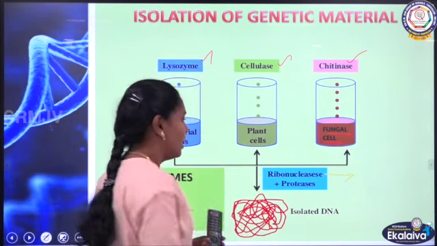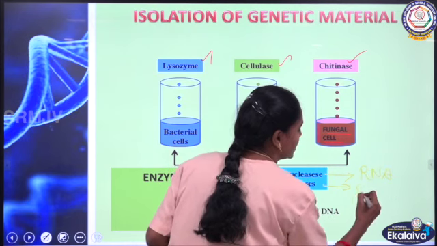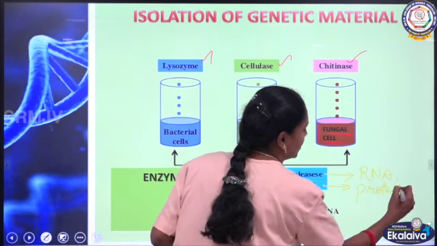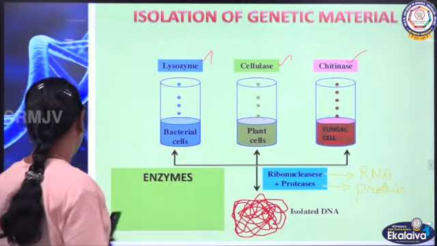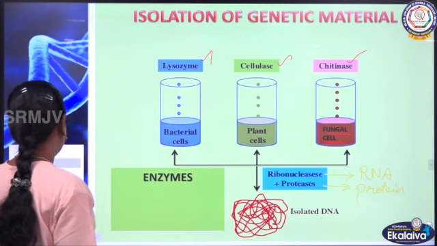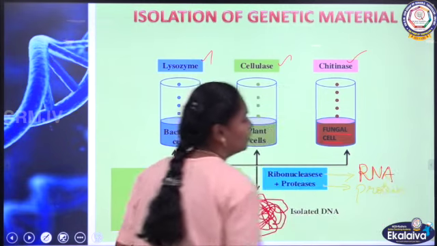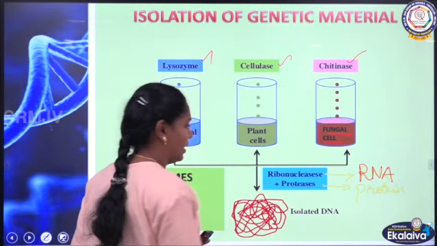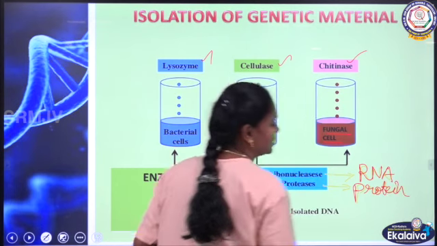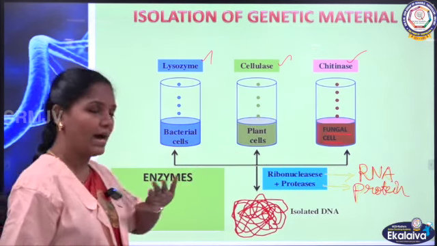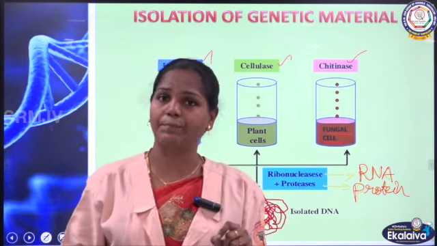Then we can add protease, which is added to digest our proteins. Is that clear, children? So RNase is added to remove RNA, and protease is added to remove proteins present in that cell. Now all the macromolecules are removed, and only our DNA is there in that sample.